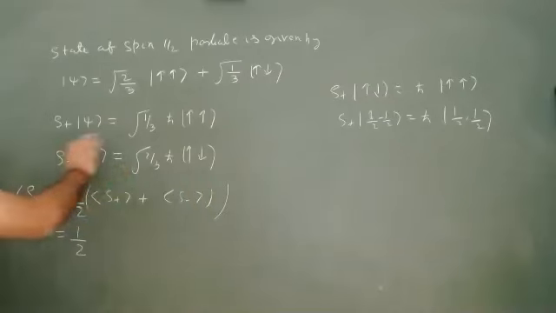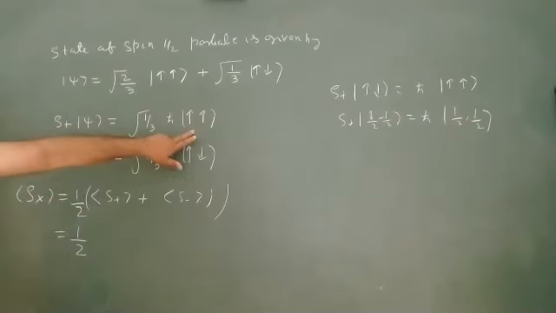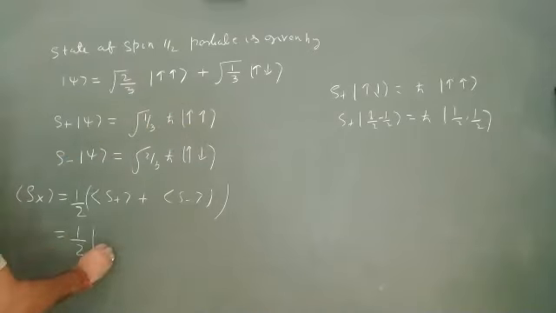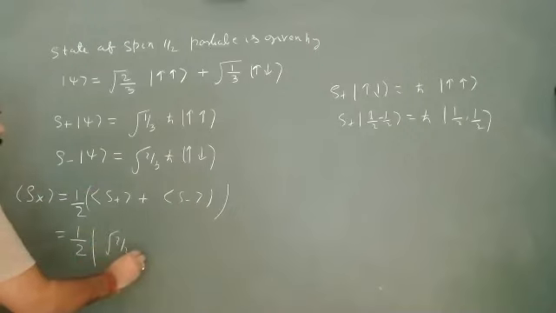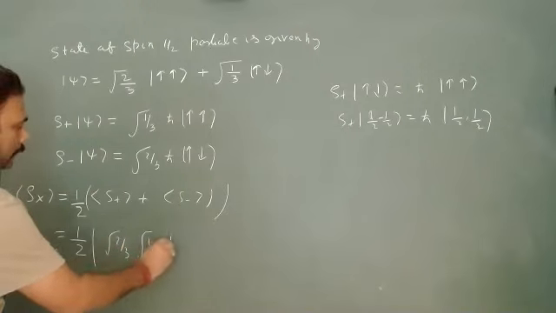So S plus, and you can take the bra from here. So which part is going to contribute with this? Which part is going to contribute with this? Up, up. So you will have root 2/3 and root 1/3 ħ.